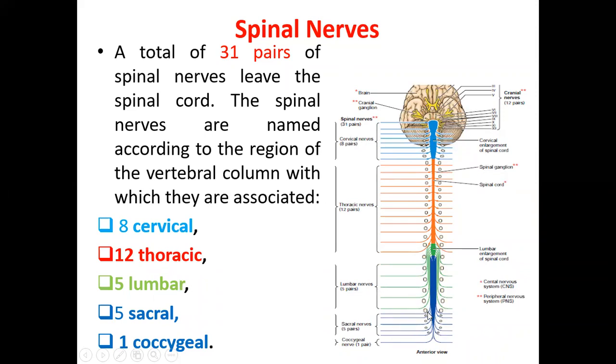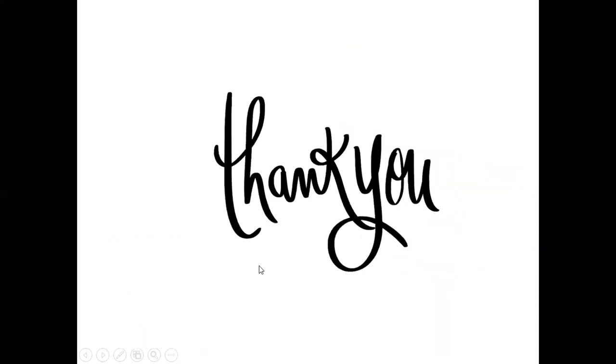Then we have the sacral vertebrae, so the nerves coming will be the sacral nerves, five pairs of sacral nerves. Then we have the coccygeal bones here, and one coccygeal pair of nerves will come out. So there are eight pairs of cervical nerves, 12 pairs of thoracic, five pairs of lumbar, five pairs of sacral, and one pair of coccygeal nerves coming out from the spinal cord.